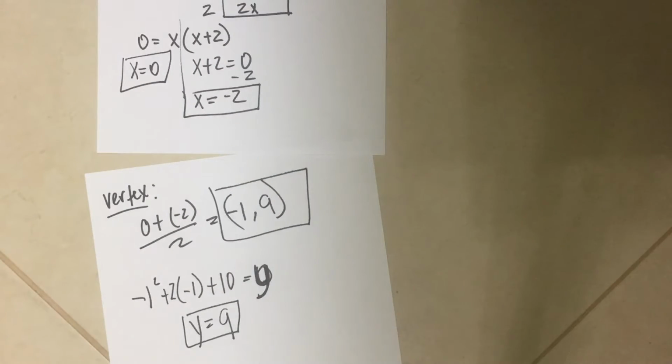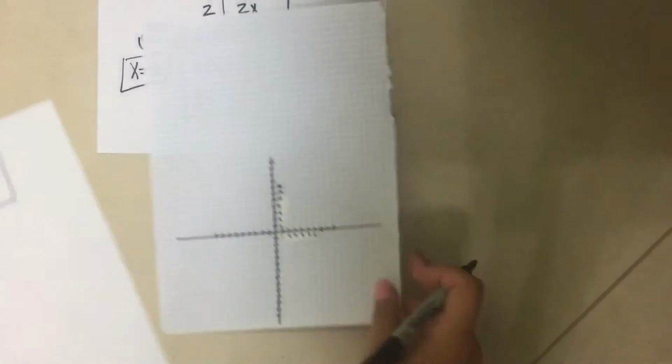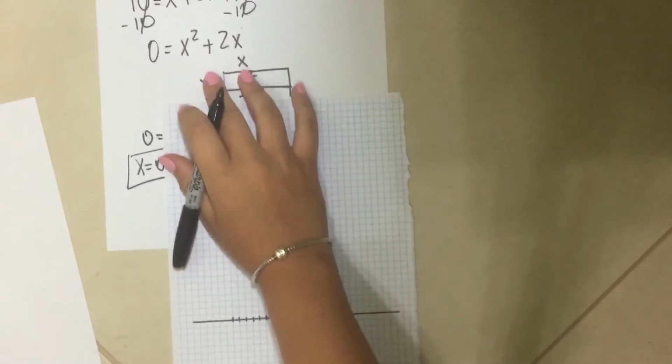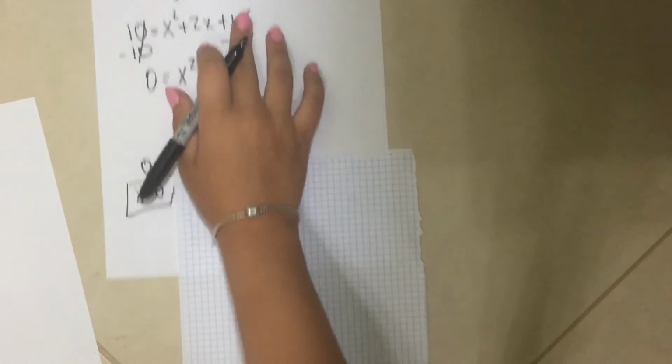Now we know two points on the graph, and we can use those two points for the graph that we're going to use right now. So our first one is our y-intercept, which was 0 and 10.